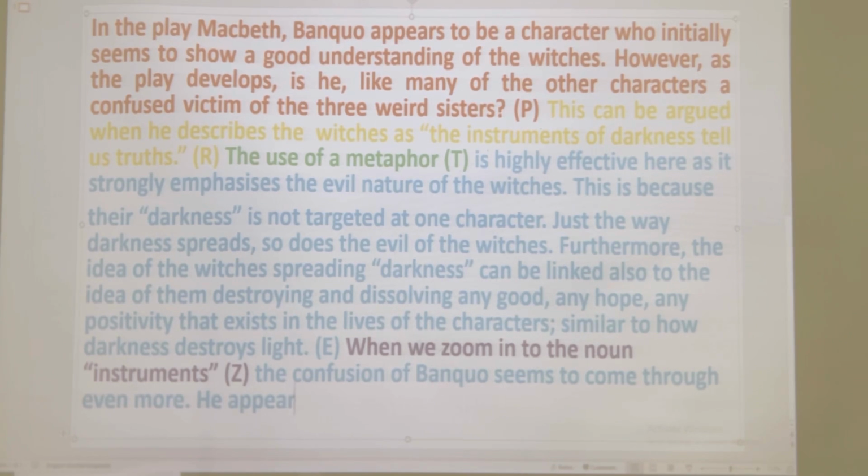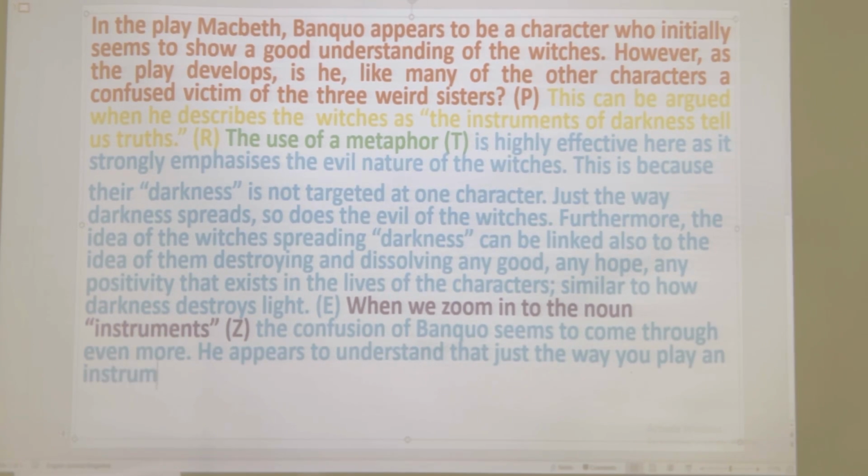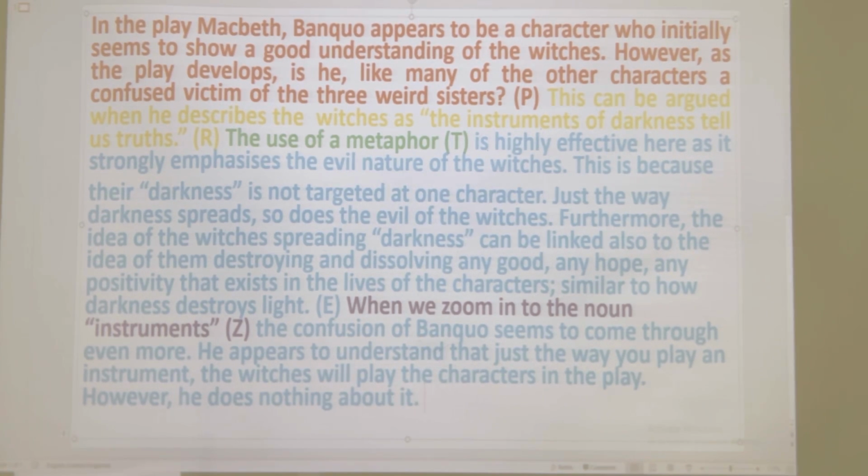He appears to understand that just the way you play an instrument, the witches will play the characters in the play. However, he does nothing about it. Is this because he underestimated these women?